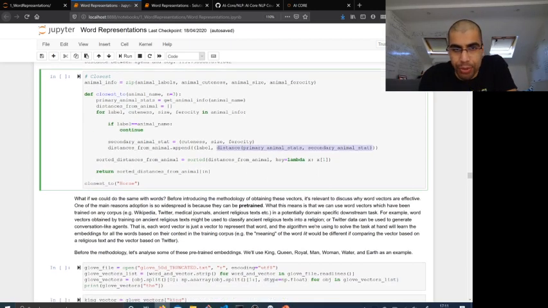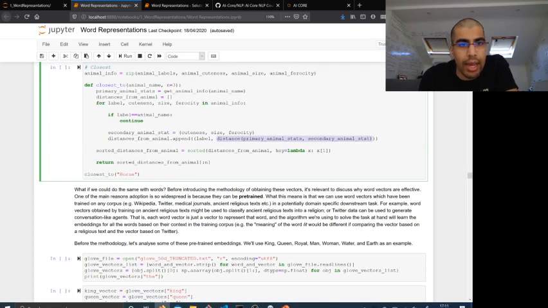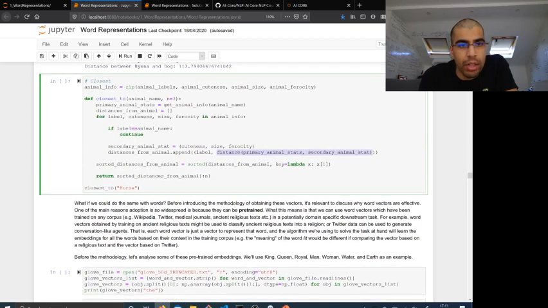This is just a tuple: for the distance between hyena and dog, for example, the first element is dog, and then we have the distance there. Then we sort the list in order and return the sorted list up to the n elements that we want, so the closest 3 animals, for example, in this case.